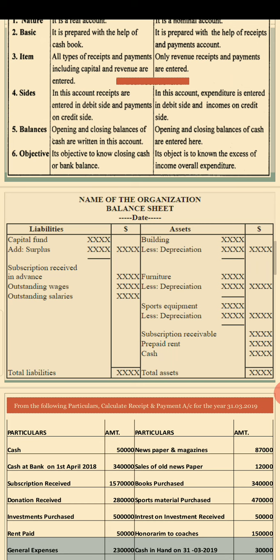Instead of capital, we mention capital fund because this is a non-profit organization, and its capital funds may be a match fund, tournament fund, prize distribution fund, building fund. So this is the difference between the balance sheet of a profitable organization and the balance sheet of a non-profitable organization.